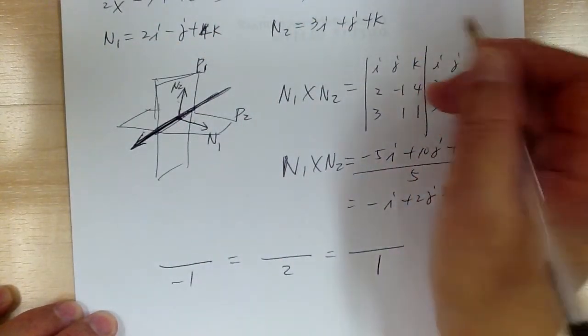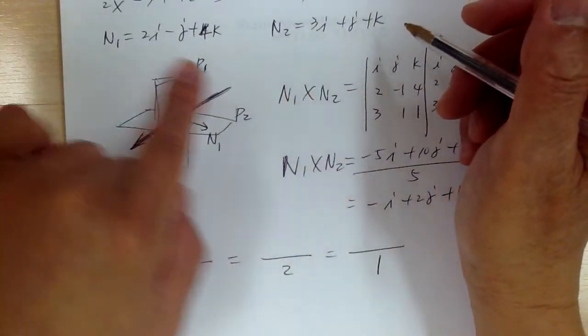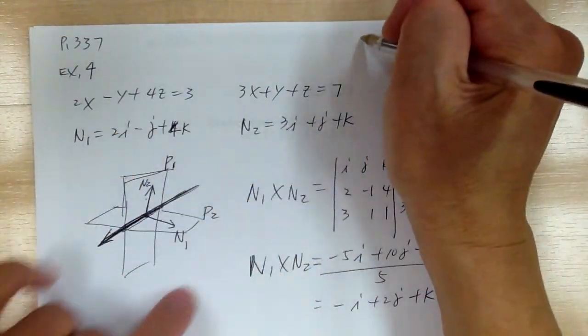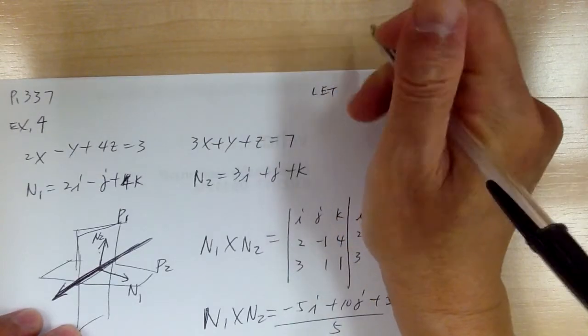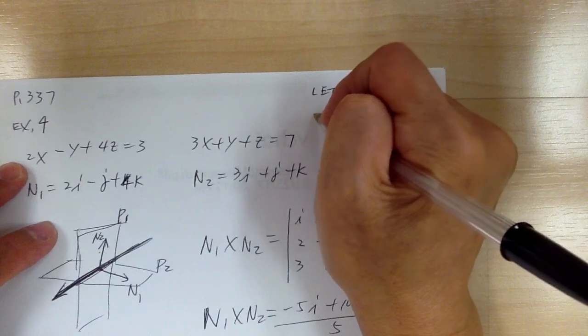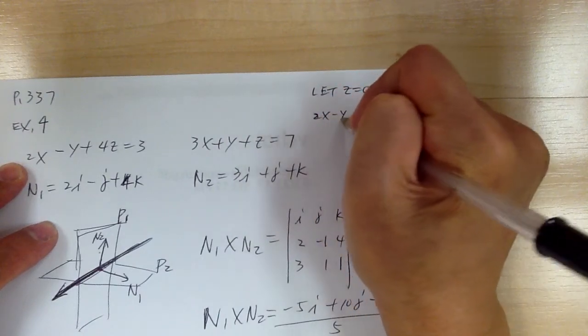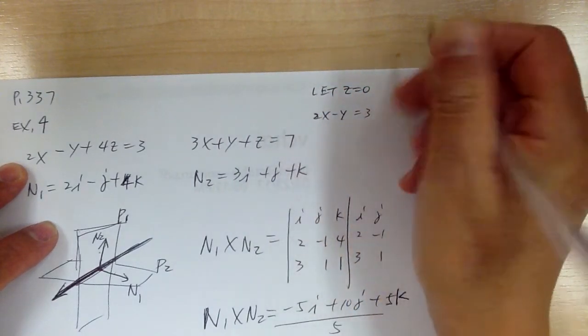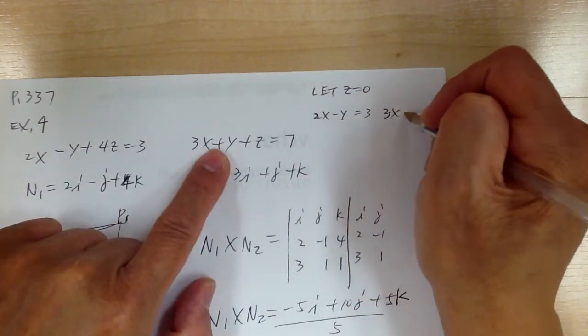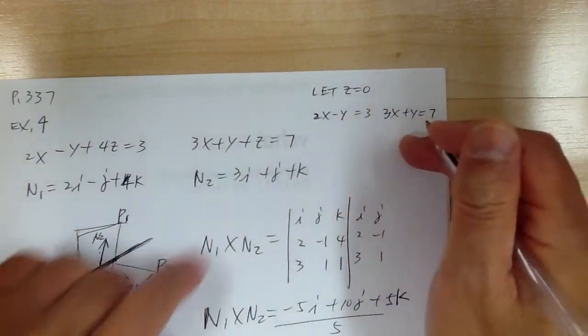So to find a point on the line, if you let z equal 0, then you've got 2x minus y equal to 3, and 3x plus y equal to 7. You get these two equations.